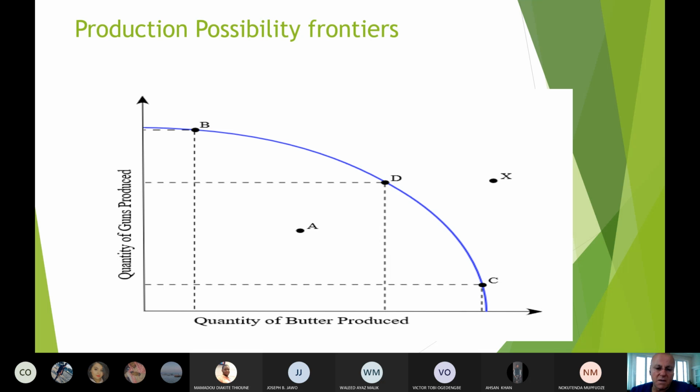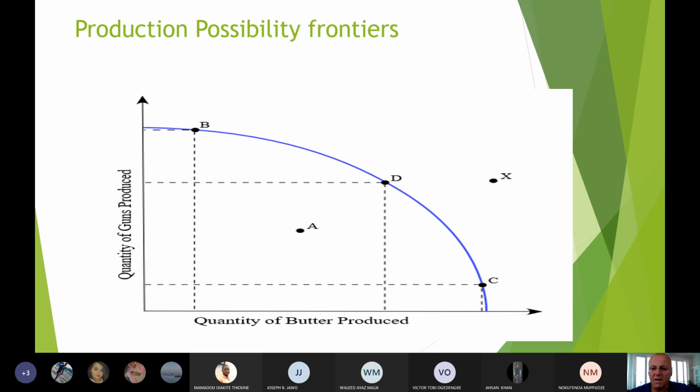Therefore, at point B, we have sufficient butter in the domestic economy to export it, because we are not consuming it. It is only produced in a very small amount, but the capacity is huge.